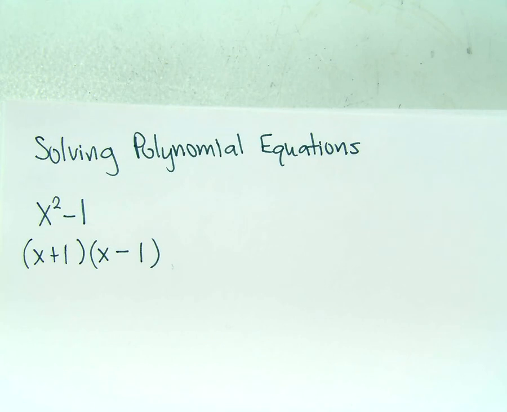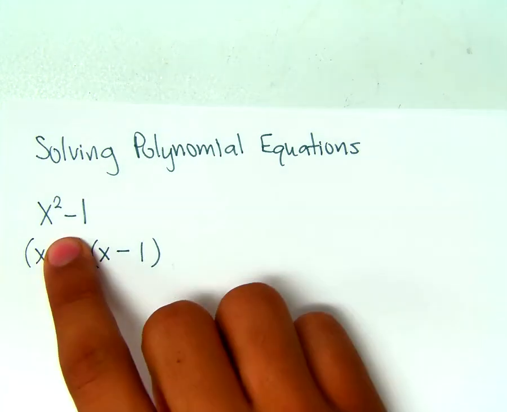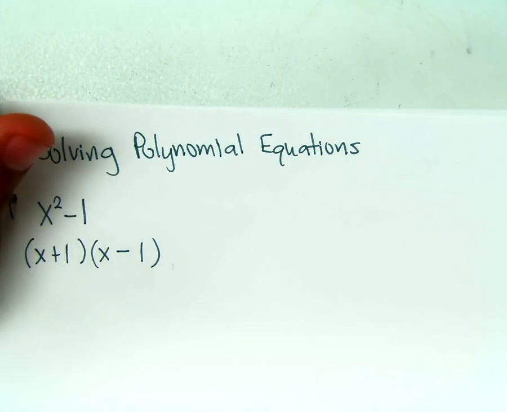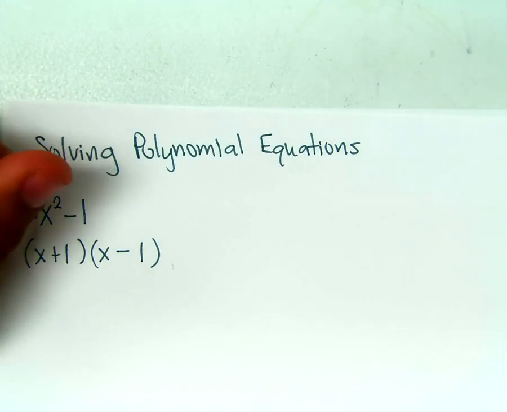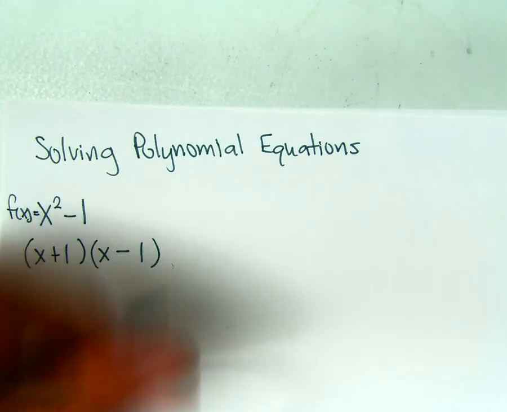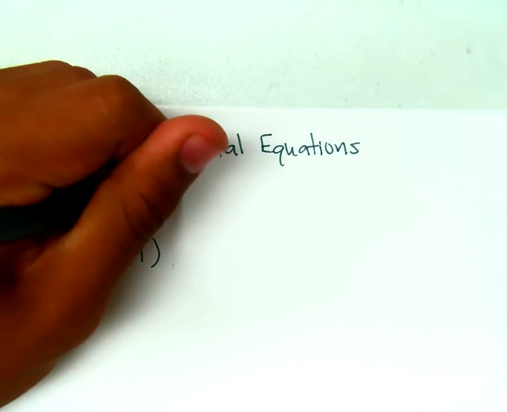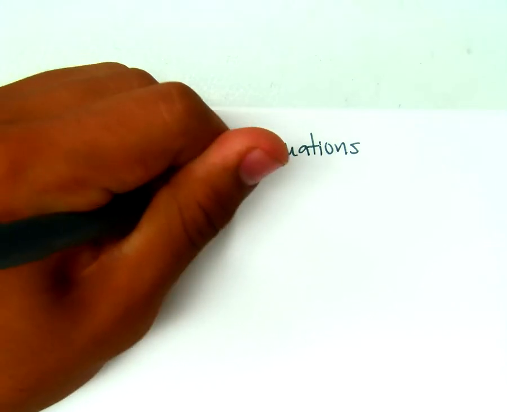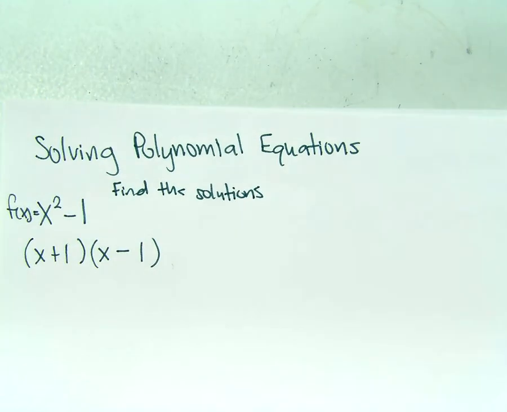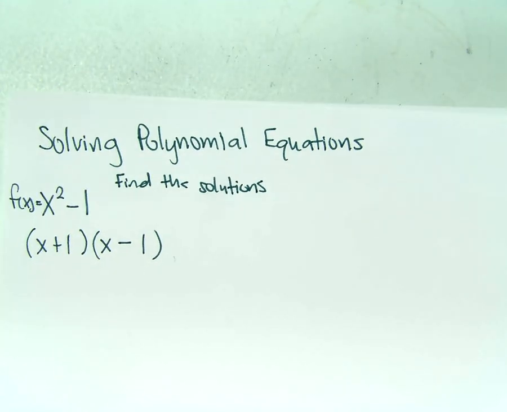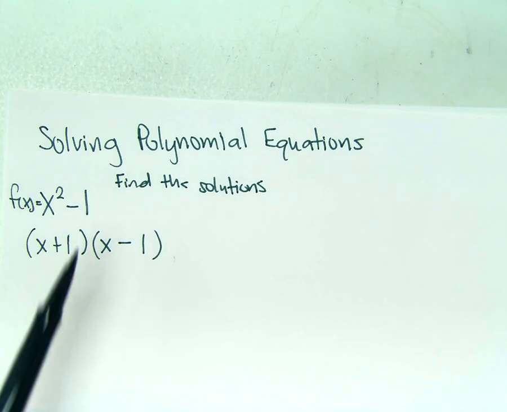Well, now we'll be given x squared minus 1 as a function, and they'll ask us to find the solutions. So now we're going to solve x squared minus 1 as an equation.